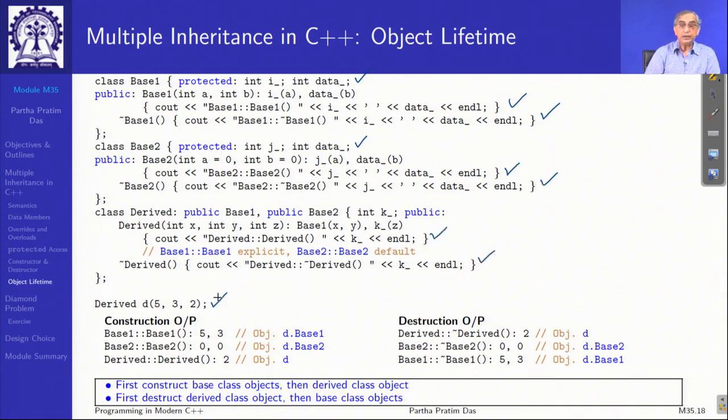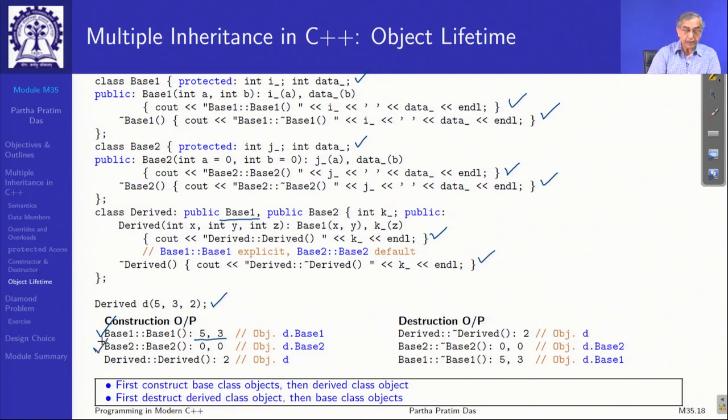So, when I construct this derived class object, naturally first the base 1 object will have to be constructed. So, that constructor gets called and you get 5 3 as set to the base 1 part of the instance.